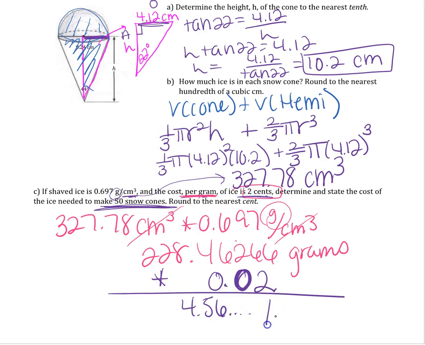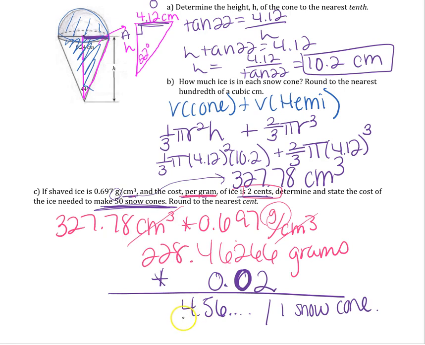Now keep in mind, that's per 1 snow cone. Some of you guys have asked me, how do I know to multiply by 2 cents as opposed to divide? It's saying it's 2 cents per gram. So if you had 1 gram of ice, it would cost you 2 cents. But you don't have 1 gram, you have 228. So it makes sense then to take 2 cents and multiply by however many grams you have.